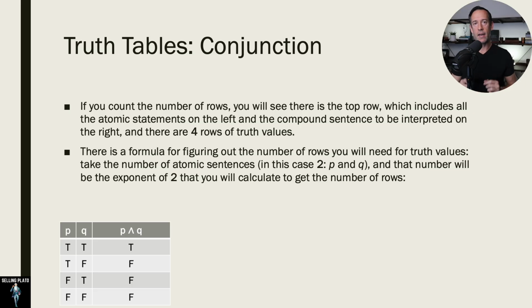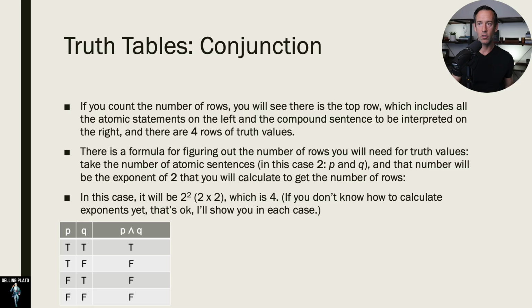And whatever that number is, the number of atomic sentences in the truth table that you're calculating and interpreting, that number is going to be the exponent of 2 that you're going to calculate to get the number of rows. So in this case, it's going to be 2 to the second power, or 2 times 2, which is 4.